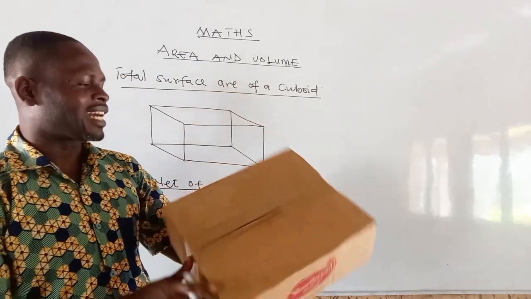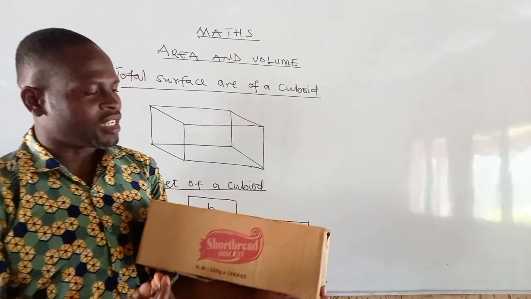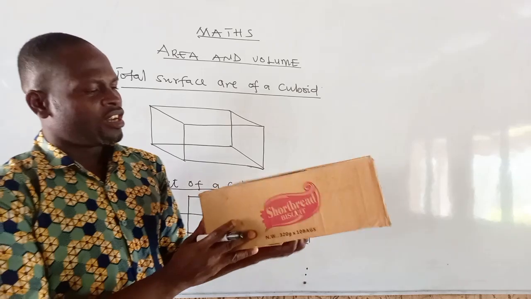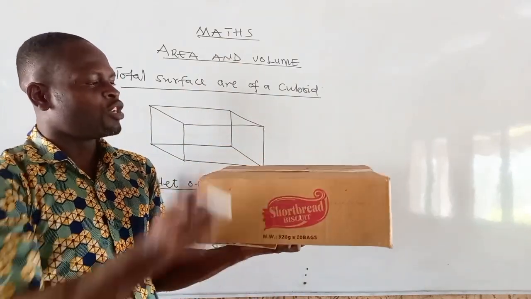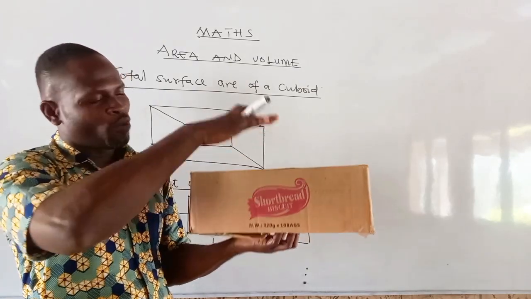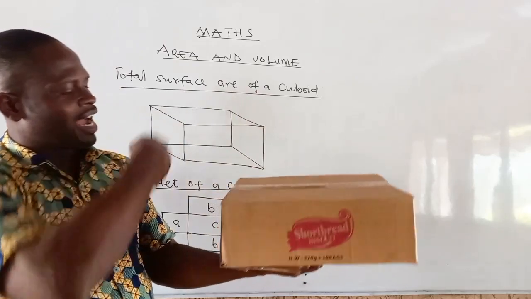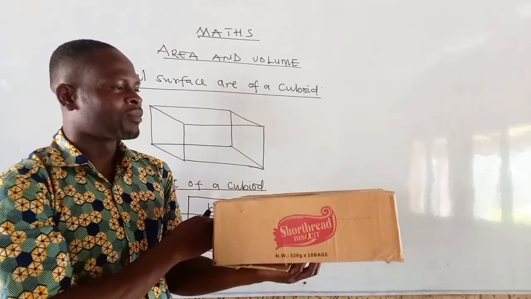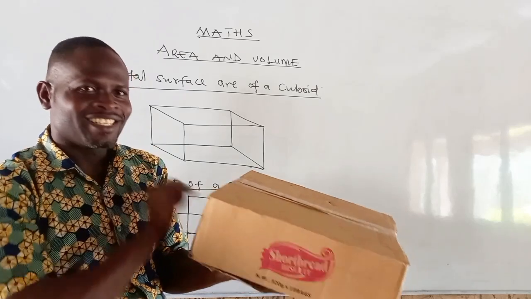Now let's look at a practical item that is in form of a cuboid. When you look at this curtain, we can say that this is a rectangular prism or a cuboid. The top and the down are the same, so the area of the top will be the same as the area of the down. The same way, this side and this one are also the same, so this area will be the same as this area.